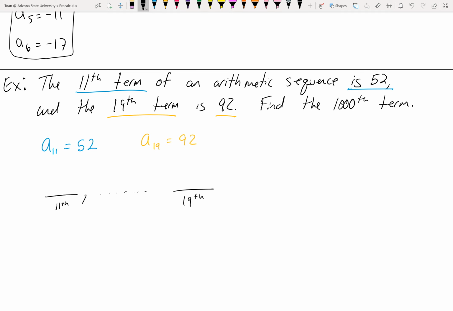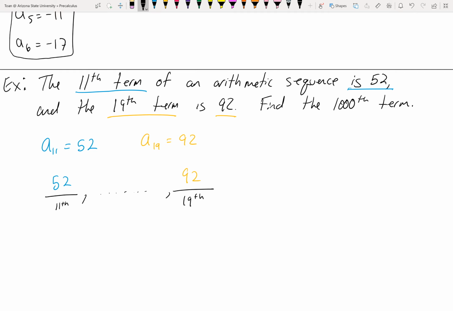Well, according to the problem, we do know what those numbers are. We do know that this number is 52. We do know that this is 92. Now, you're probably thinking, well, that still doesn't help us because we don't know anything about this arithmetic sequence. Remember, the formula, if you're going back to the formula, we need to know what the first number is. We need to know what the common difference is. Well, that is true.